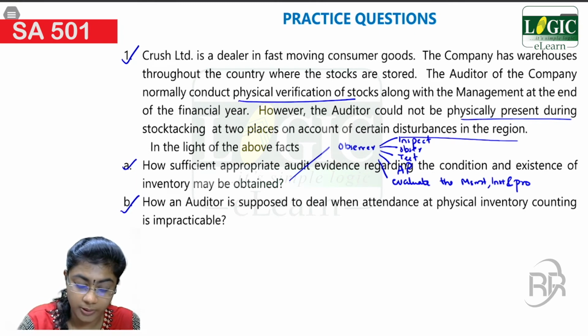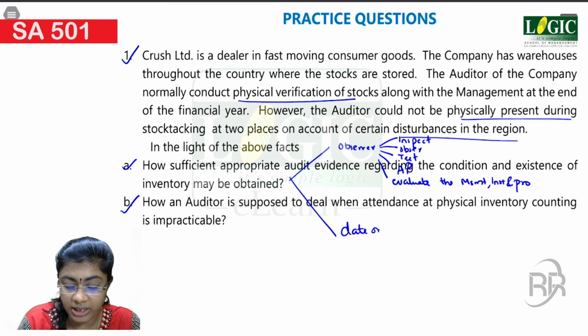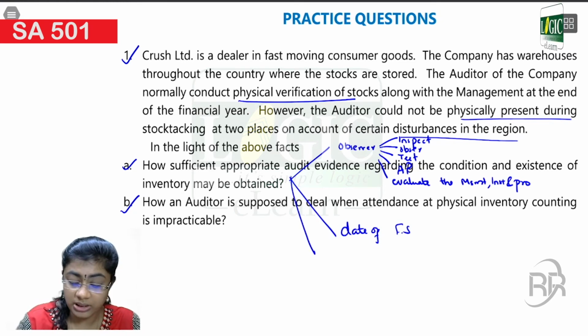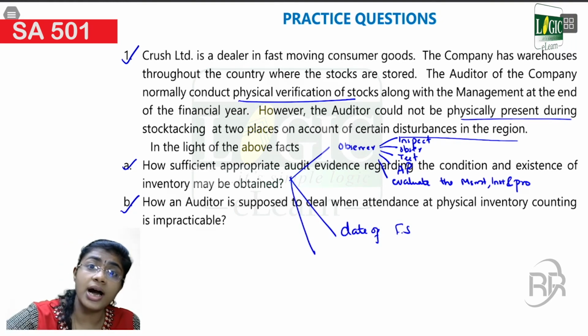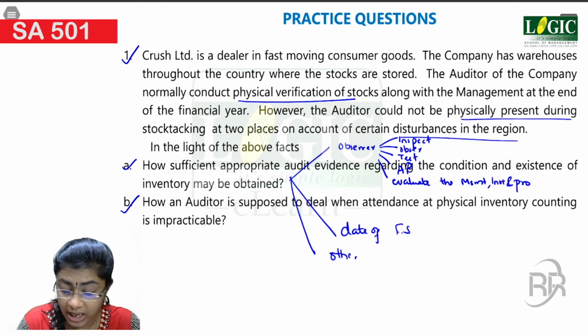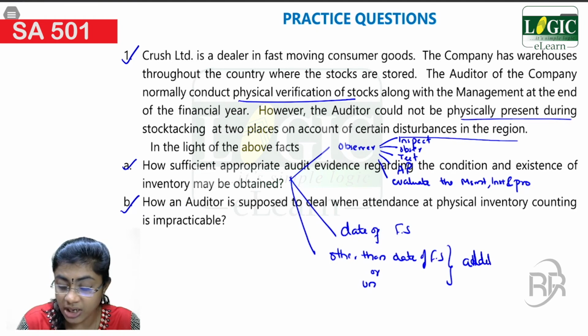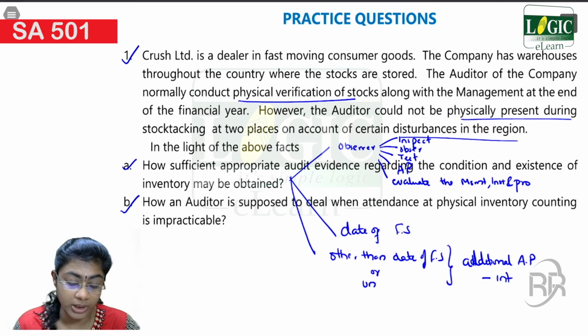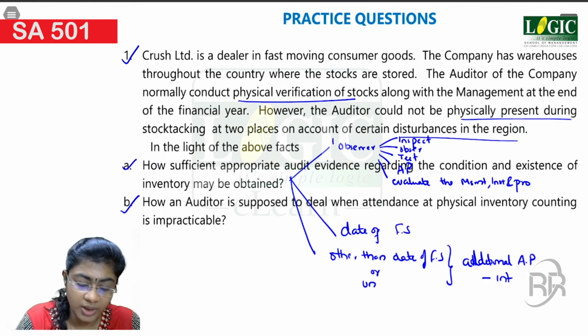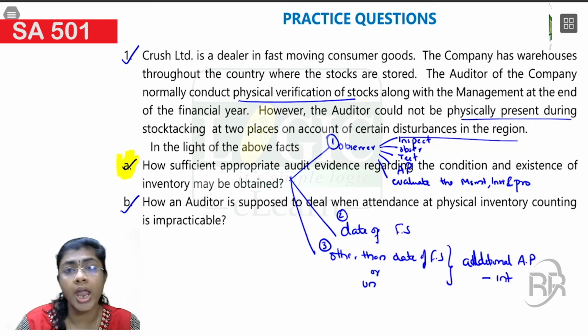If it is conducted on a date other than the date of FS, or due to unforeseen circumstances, you will perform additional audit procedures with respect to transactions in the intervening period. So these 3 points you will elaborate and write along with A.